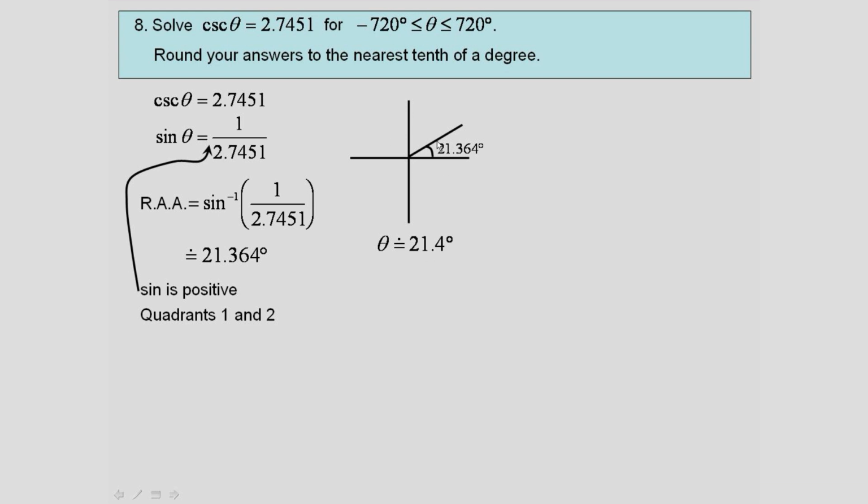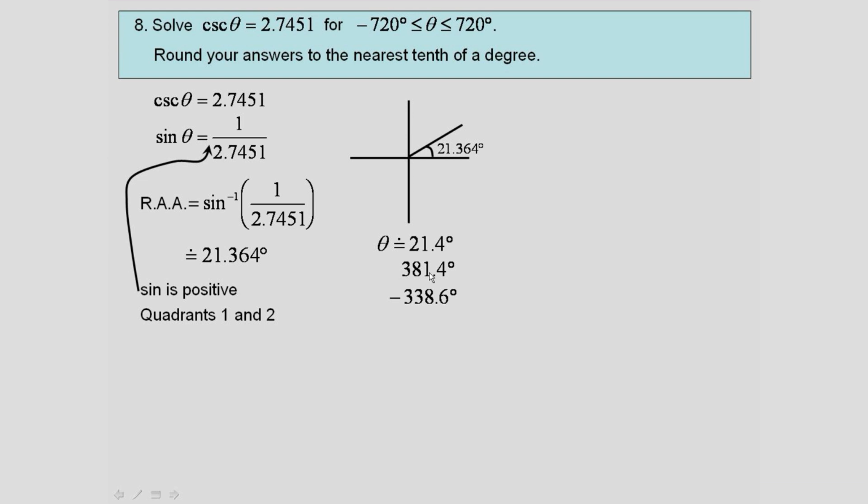Okay, so 21.4, add another rotation gives us the same arm. So add 360 and we get 381.4. So far, so good. Can we add another 360 to this? No, we couldn't add another 360 because adding another 360 would put us past 720. So what's this all about?